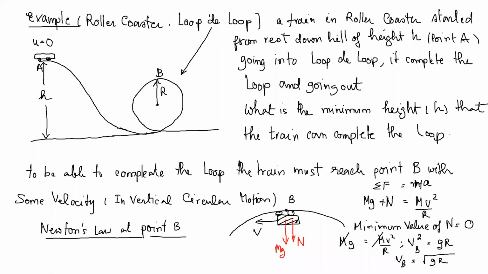This is another example of an application of conservation of energy. It is about the roller coaster that we call loop the loop. Possibly you played it sometimes when you visit an amusement park, maybe Dream World.